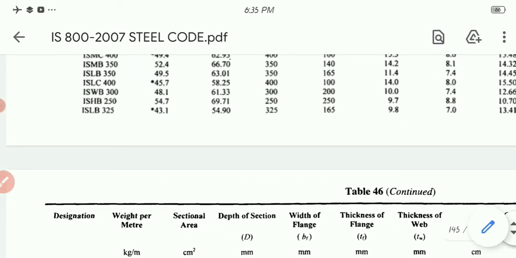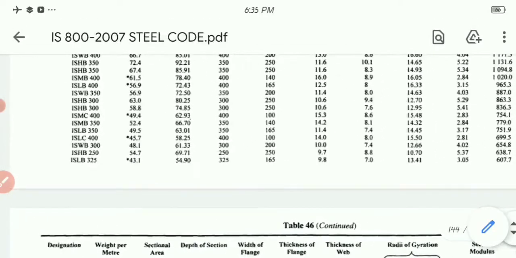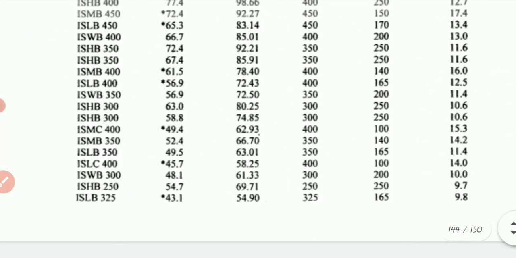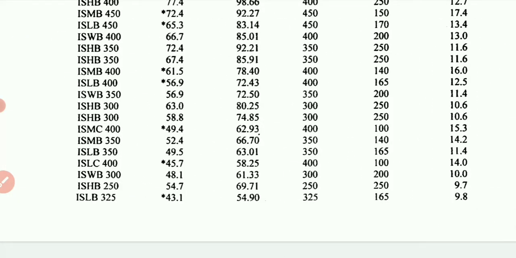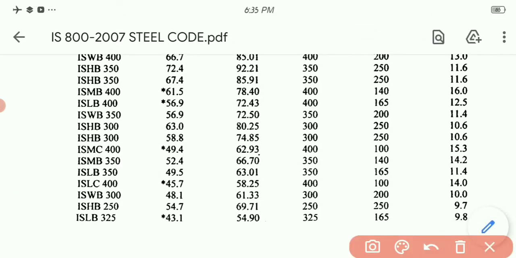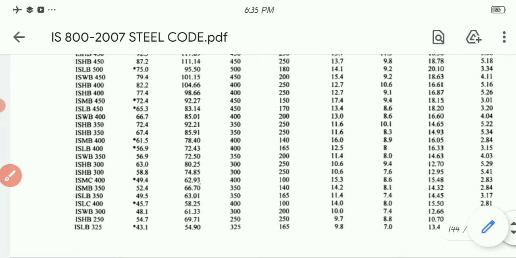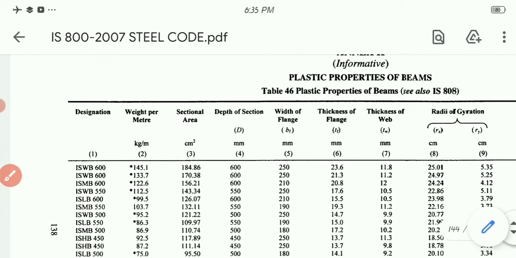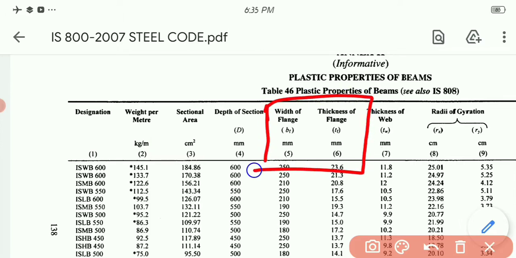ISHB 300, let's search for it here. First of all, ISHB 300 is here. We need the thickness of flange and width of flange, which are column number 4 and column number 5.